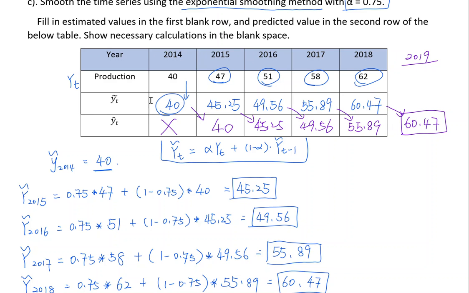For 2014, is there any pair of yt and yt hat? No, because there's no entry for yt hat. For the other ones, we have them, so we have 4 pairs of yt and yt hat in total.